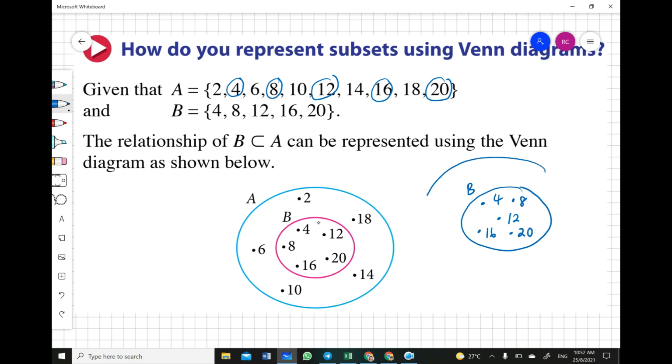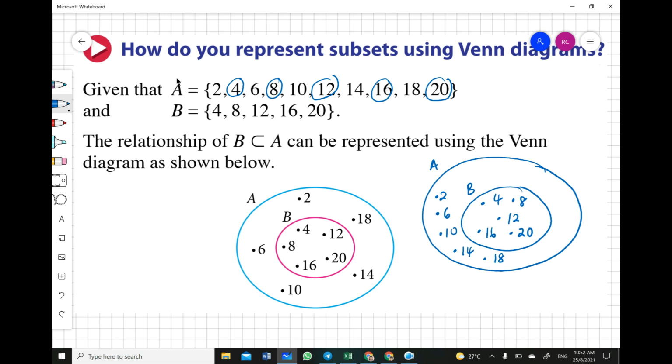Okay, and the other set is set A. The numbers that are not circled will be the ones in set A, that is 2, 6, 10, 14, 18. Meaning, set A consists of all of this, but set B only has 4, 8, 12, 16, 20.